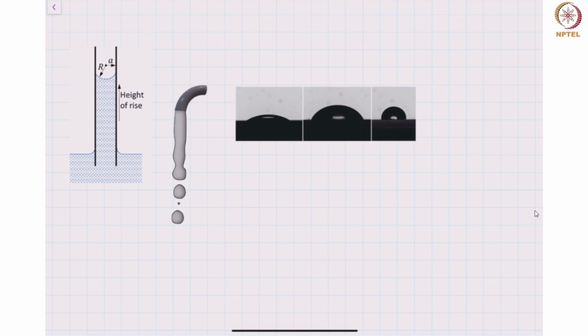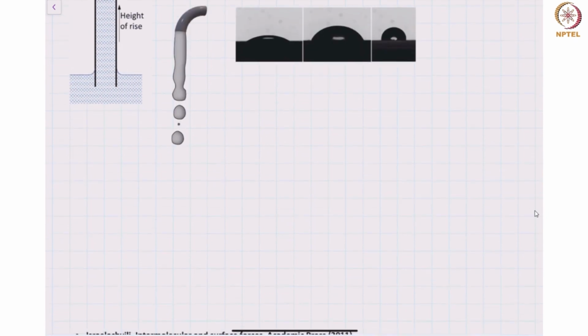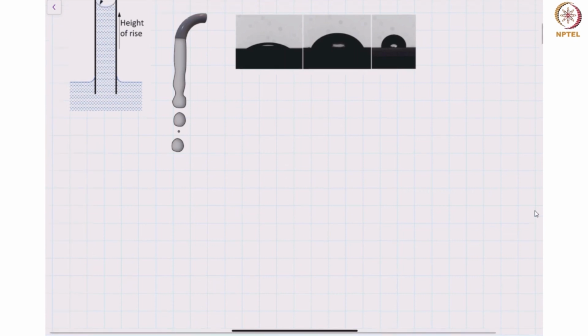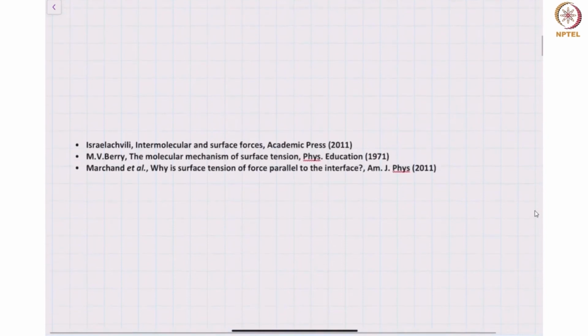Now, there is one disclaimer I want to put out here, which is that I will only look at these topics, the origins of surface tension and the connection to intermolecular forces, in a very simplistic way. I will be sacrificing quite a bit of rigor in the hope that it will lend some clarity to the subject. But there are several excellent original sources that a student can consult, and most of the topics I'm going to talk about today are based on these.